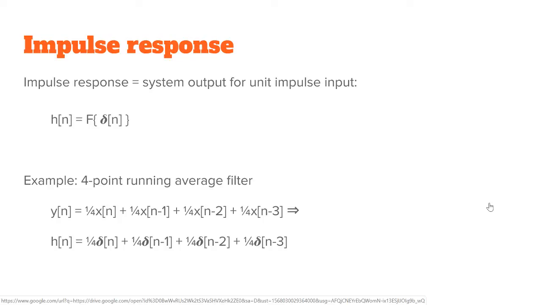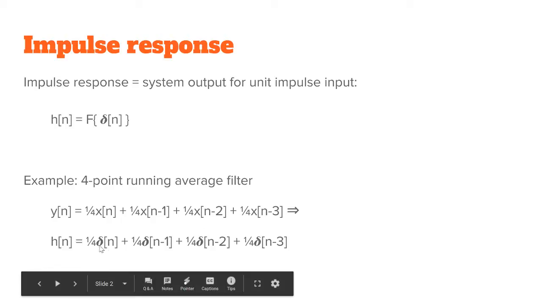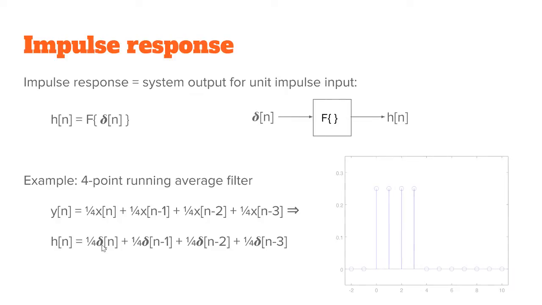For example, for the 4-point running average filter, the impulse response is quite straightforward. You just replace the x with the delta function. That's it. And it looks like what you have already generated in the first exercise.